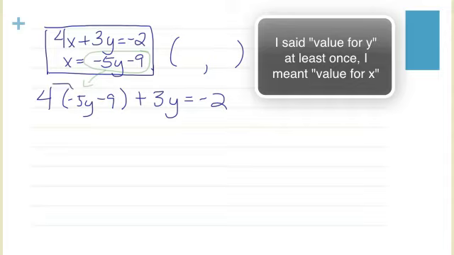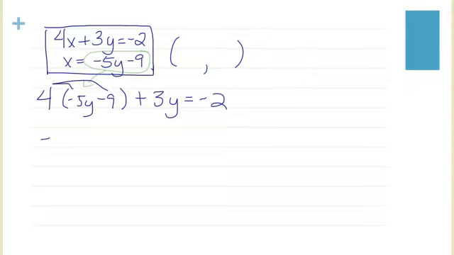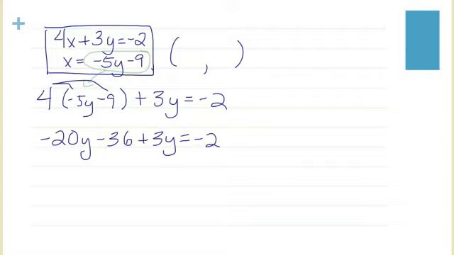So to solve it, I'm going to distribute. So we got -20y minus 36 plus 3y equals -2. And then I'm going to combine my like terms. I've got -20 plus 3 is -17y minus 36 equals -2.